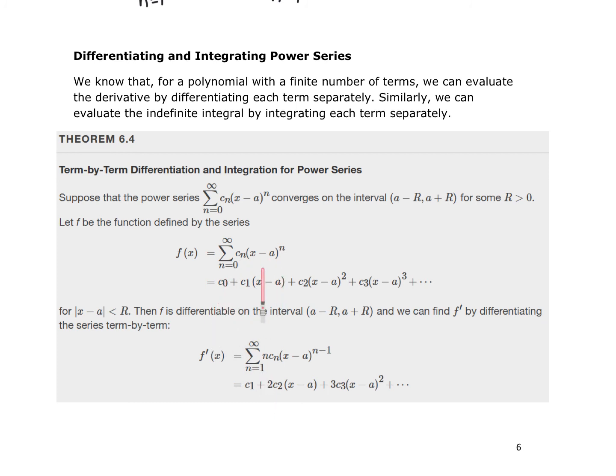So if I expand this out, the differentiation of c naught goes to 0, then it's just going to be c sub 1. And then this, by the chain rule, is going to be 2 c sub 2 times x minus a. This 3 will come down, so 3 c sub 3 times x minus a, the quantity squared, and etc.